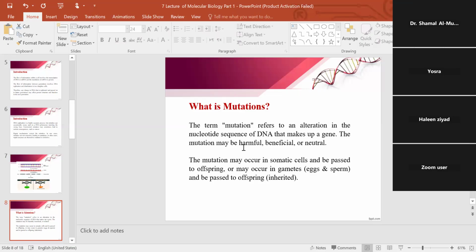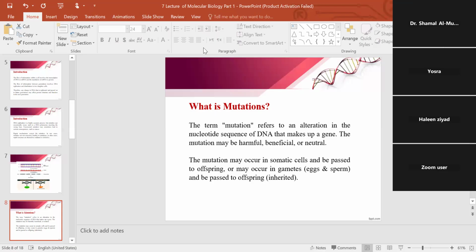Most mutations may be harmful, and in very few cases they are beneficial or neutral, meaning neutral doesn't make any effect or change in the protein, but most of them are harmful.